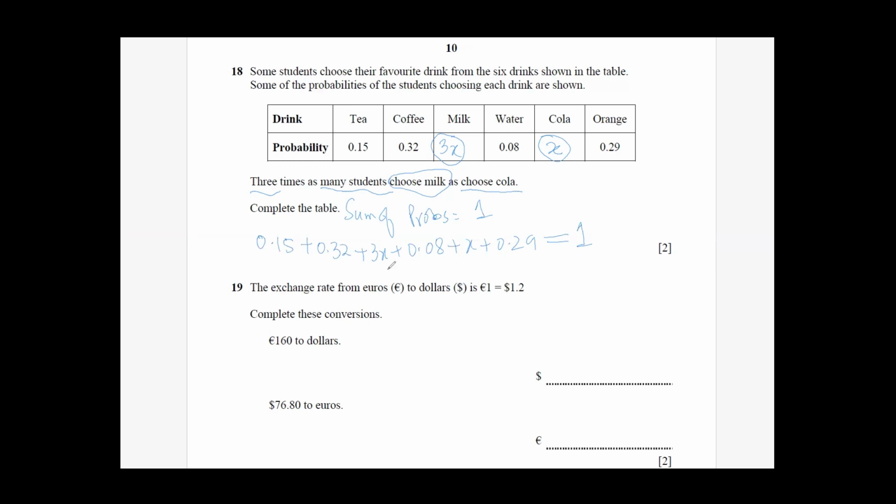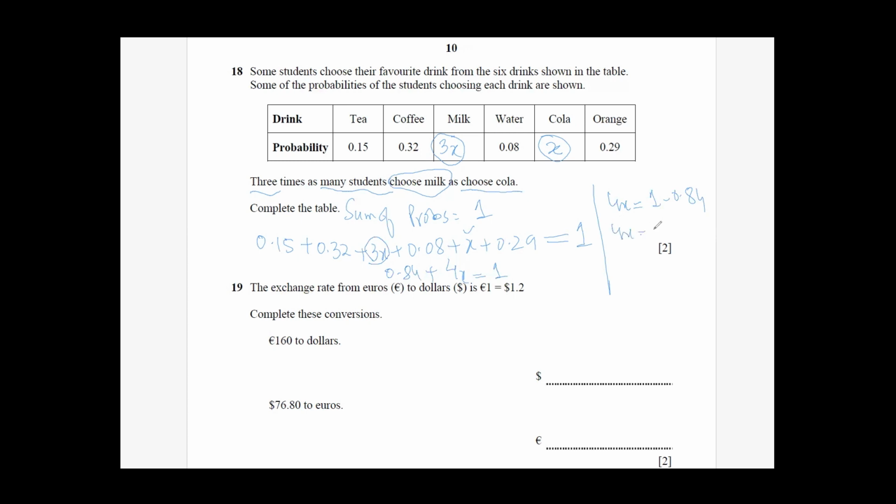This gives us 0.84, and then this 3x and x, that would give us 4x is equal to 1. And now shifting this 0.84 to the other side, we can have 4x is equal to 1 minus 0.84, which would give us 0.16.